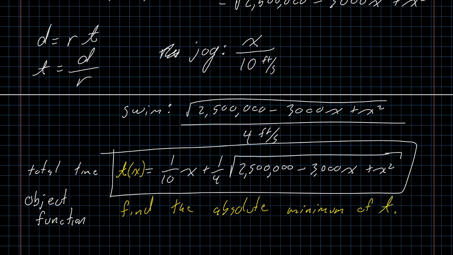Our goal is to find the absolute minimum of t. And I guess we have to think a little bit about whether that's going to even be a thing. It is in this case, but it's worth thinking about.